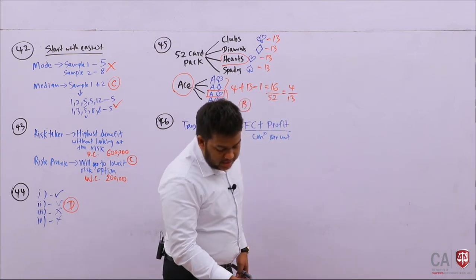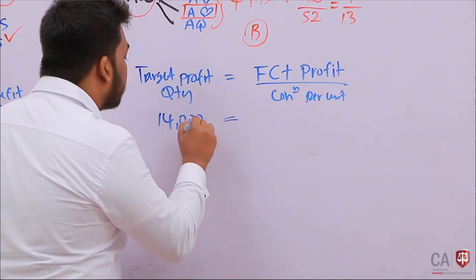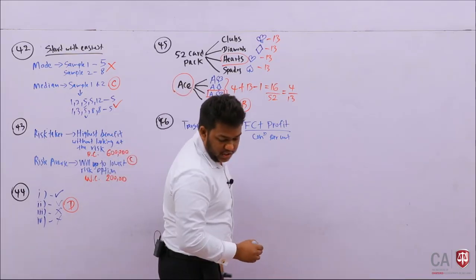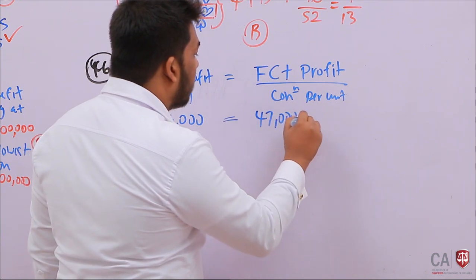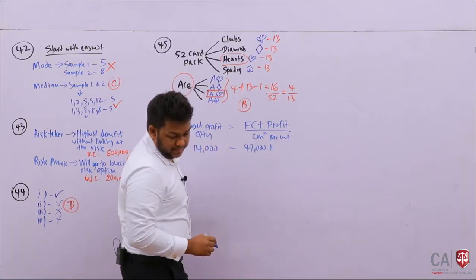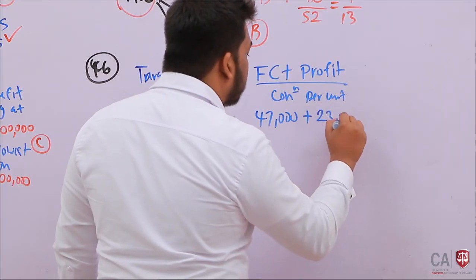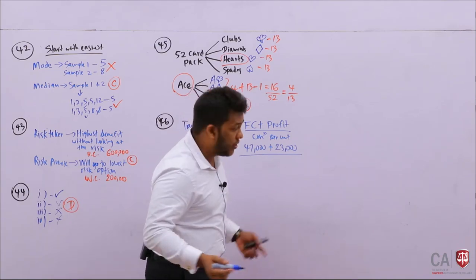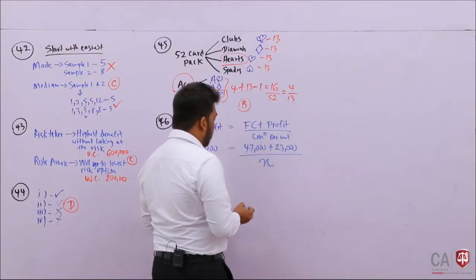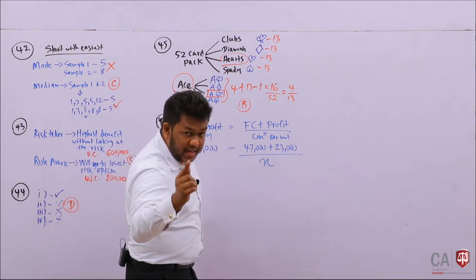So see what you have. Target quantity is already given. Then fixed cost given, 47,000. Profit given, 23,000. Contribution is not given. So first of all, they are asking the required sales price.